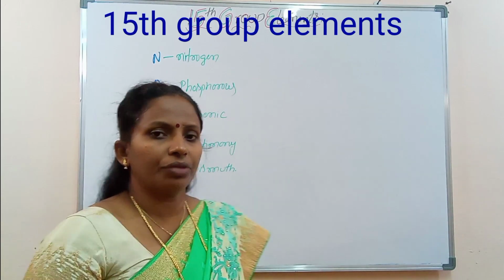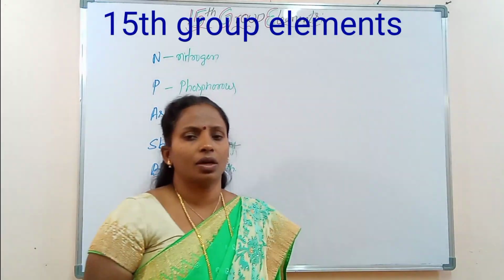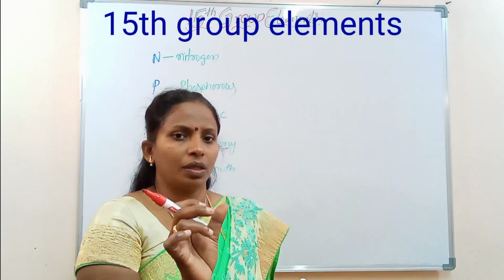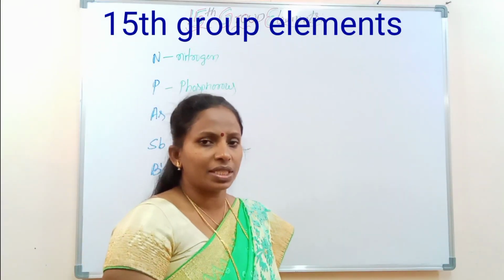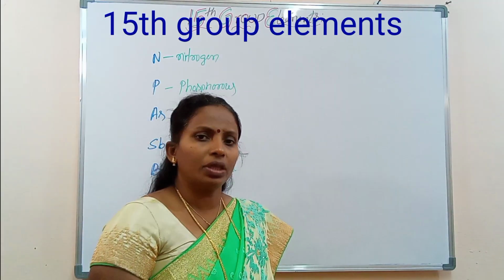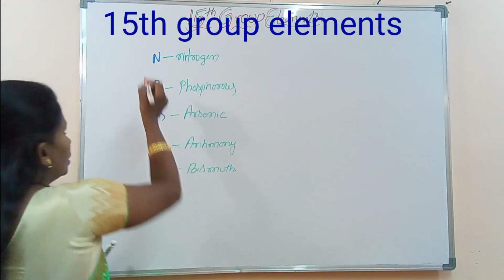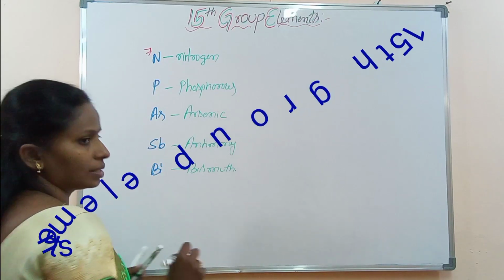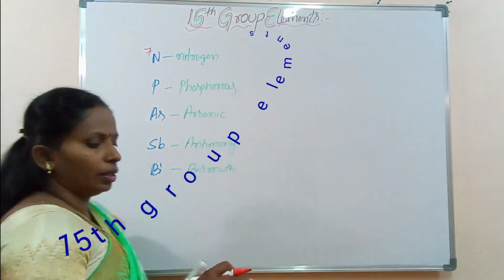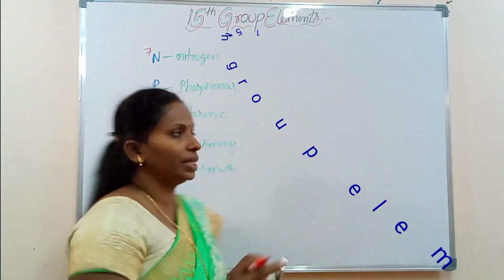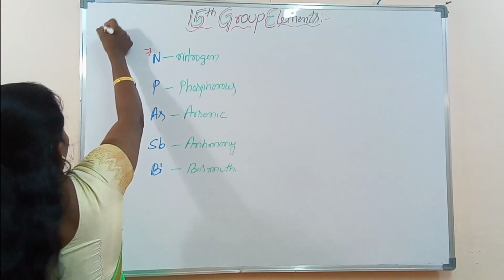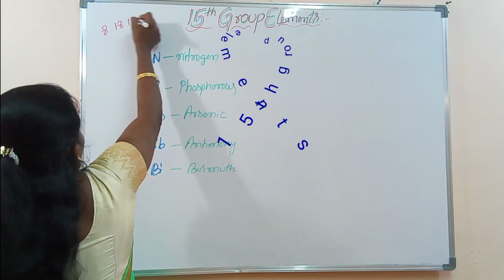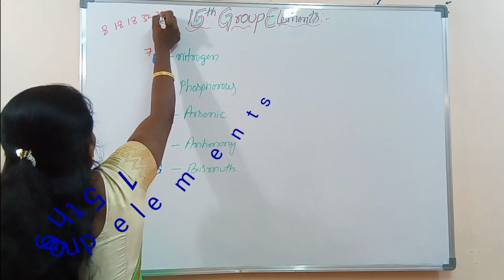In the first year we practiced up to the third period. If we know the second period element's atomic number, we can easily write the atomic numbers for the remaining elements. Here the second period element is nitrogen, and the atomic number is 7. Then the magic numbers for the P block elements are 8, 18, 32, 32.